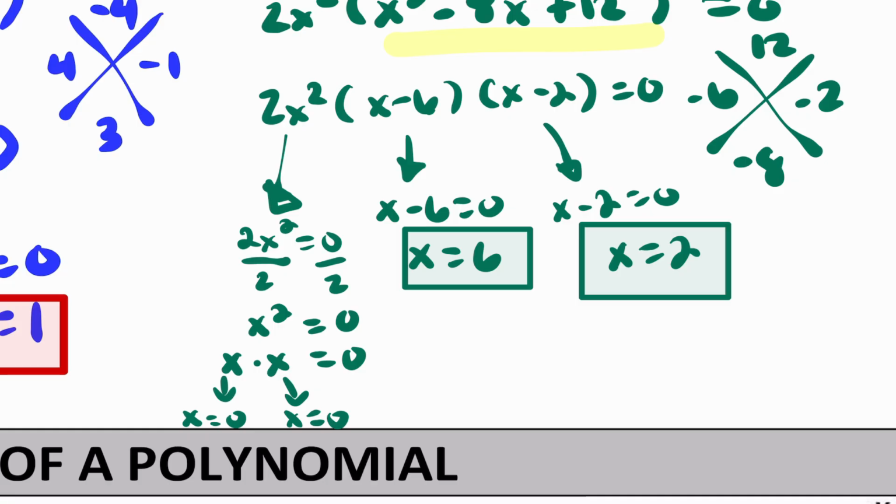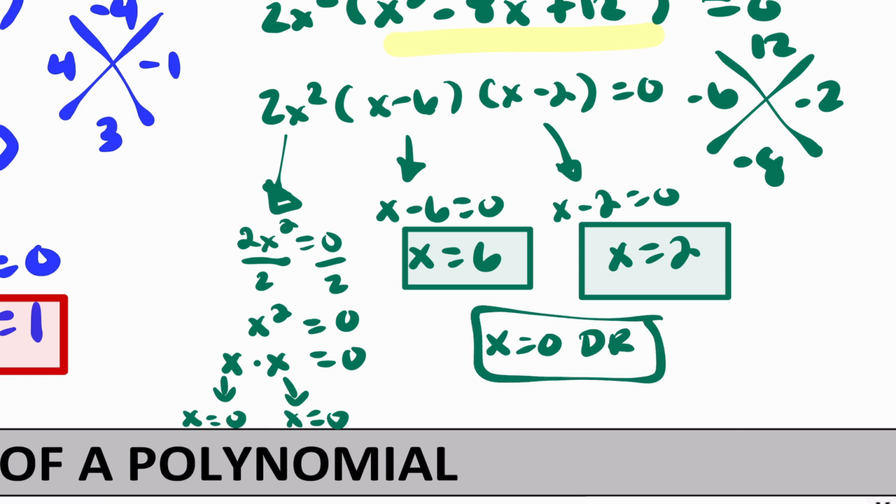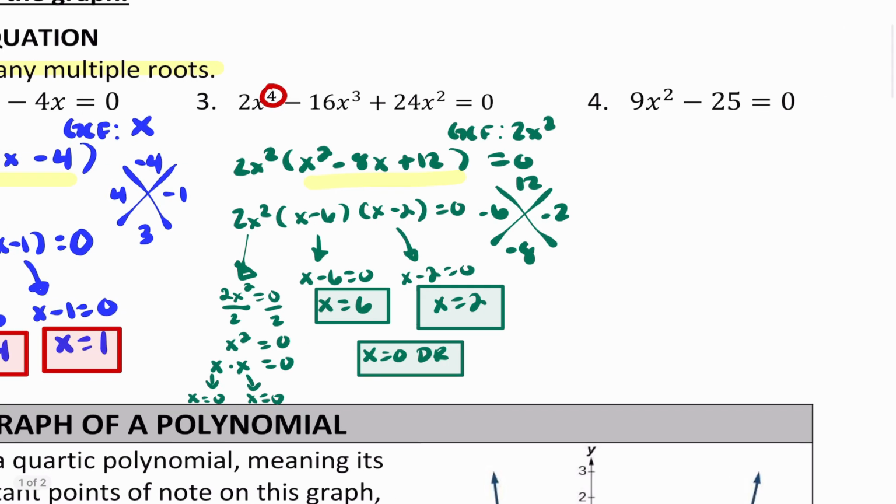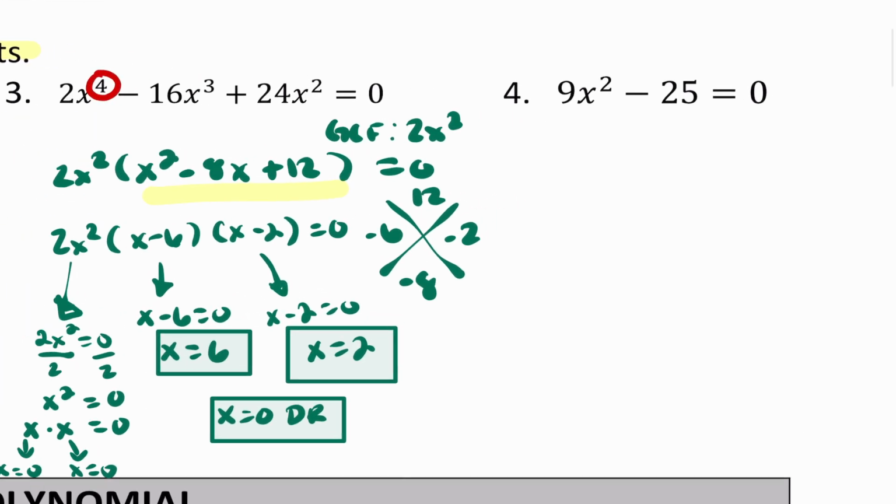So we have x equals 0 2 times, right? So if x is equal to 0 2 times, that means we have a double root. Okay, so we have 2, 3, 4. We should have 4 roots, all right? Let's move on to number 4.